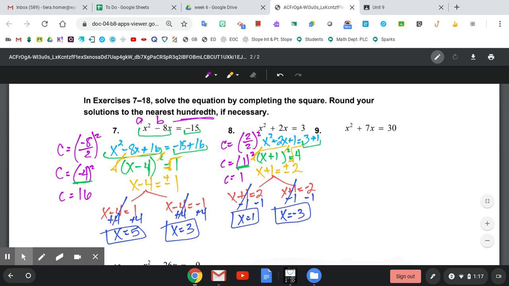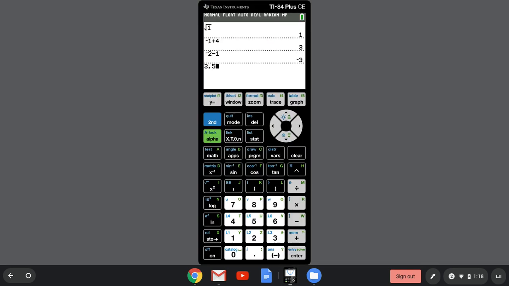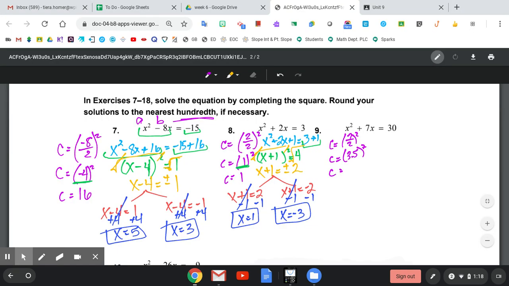Number 9, the first thing I'm going to do is find my c value. So I'm going to take half of my b and square it. This time my b is a 7. Half of 7 would be 3.5. And then 3.5 squared. Again, it's a decimal, so that's not always easy to do in our heads. So 3.5 squared would give me 12.25.